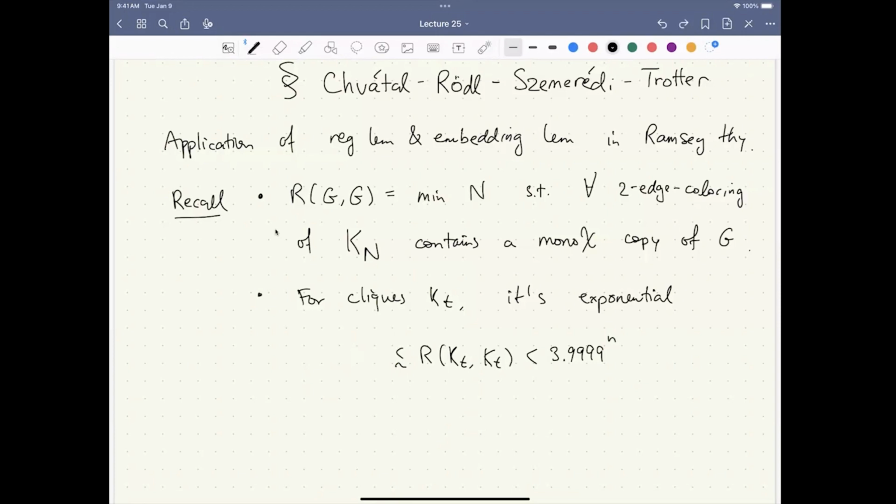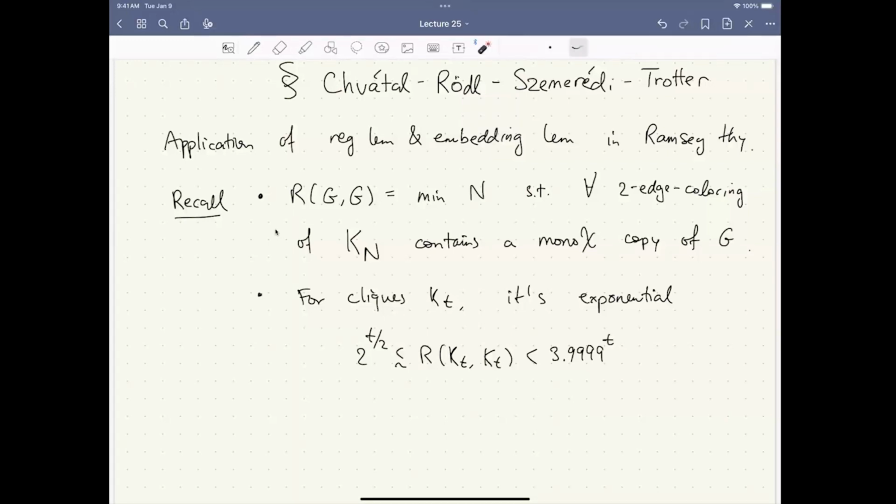Let me write it like this, so something like 2 to the t over 2.